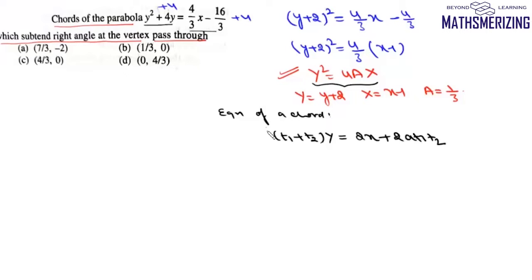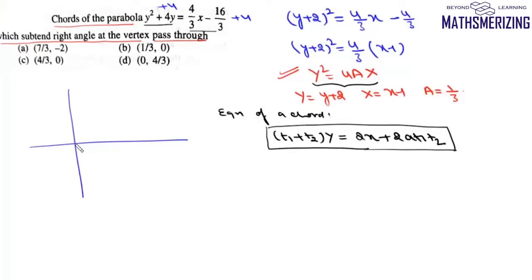So we have this parabola y square equals 4ax, and then we have this chord drawn at point P whose parametric coordinate is t1 and Q whose parametric coordinate is, suppose, t2, and the chord is (t1 plus t2)y equals 2x plus 2a t1 t2.